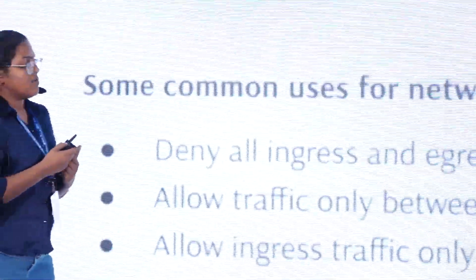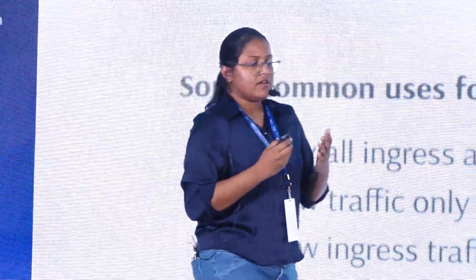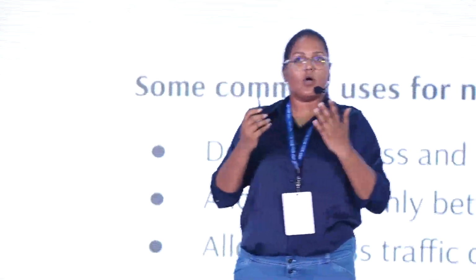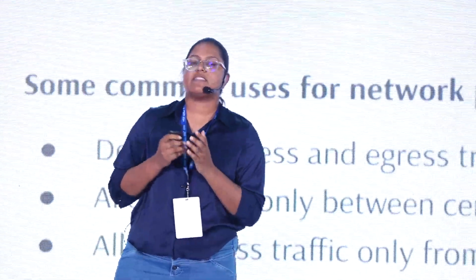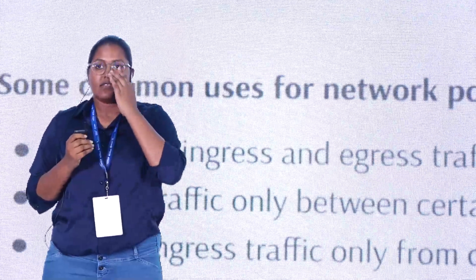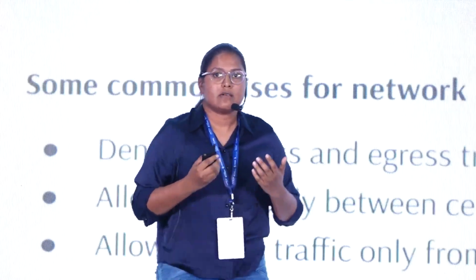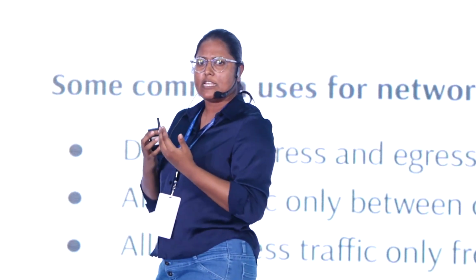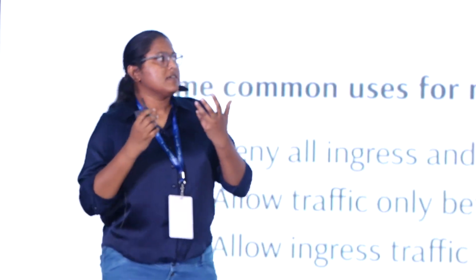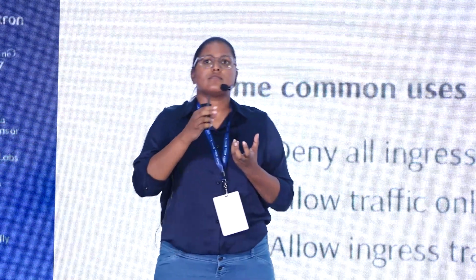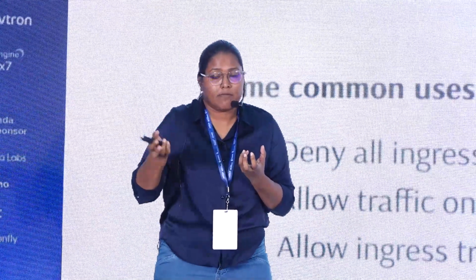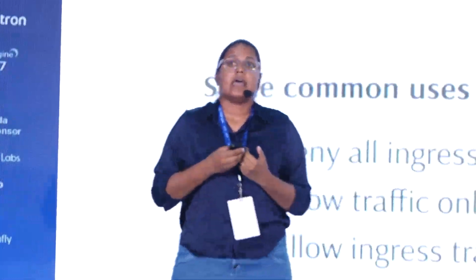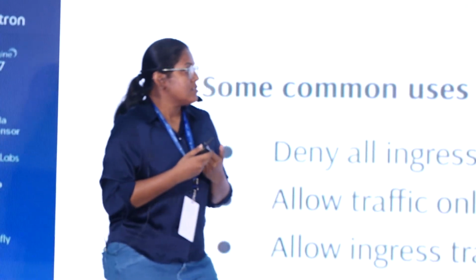Okay, so as I said, in the Kubernetes networking model, all pods should be able to communicate with each other. But many times we need to block access to some pods by some other pods, and we want to limit the access to some pods.